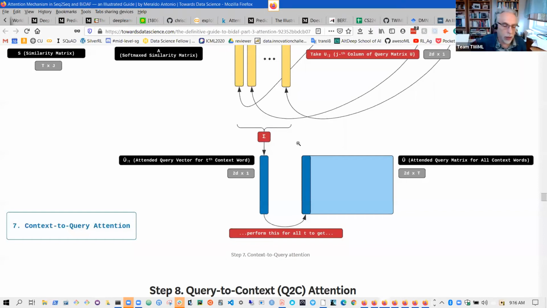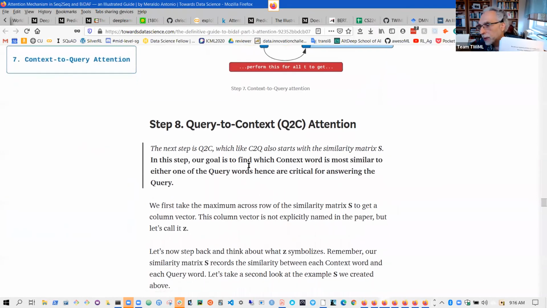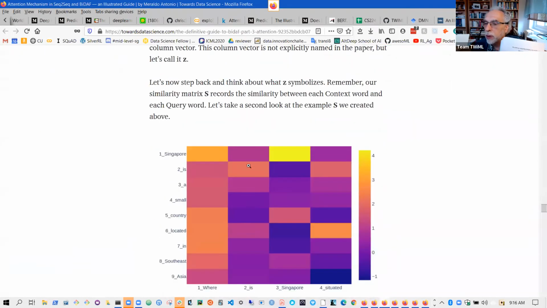Remember, this is all part of the attention flow, the bidirectional attention flow layer. So this is the one direction flow from context to query. And then the next one, which we haven't talked about yet, is the query to context.